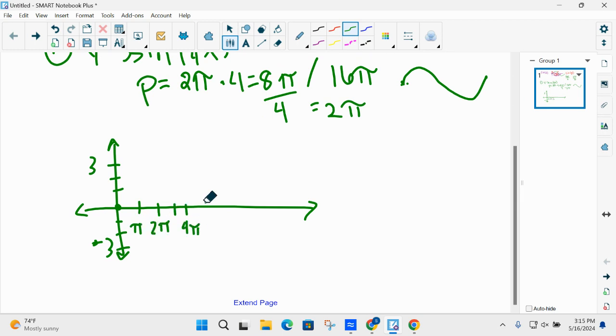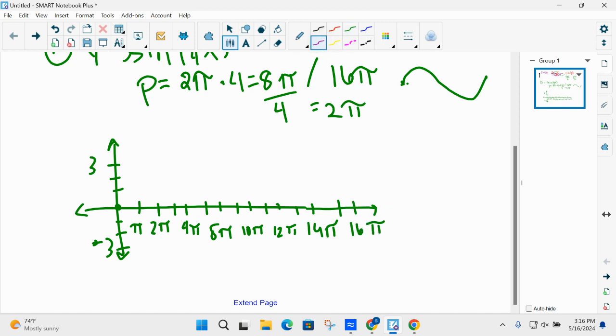So it'd be 4 pi, 8 pi, 10 pi, 12 pi. Looks like I'm going to need to go a little bit further because I need to go to 16 pi to complete 2 cycles. Okay, and then that would be 14 pi, and then finally 16 pi.